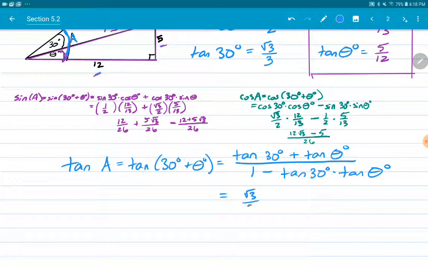radical 3 over 3 plus 5 over 12, using that table we made up in the above with all the raw data. And in the denominator I have 1 minus the product of those.